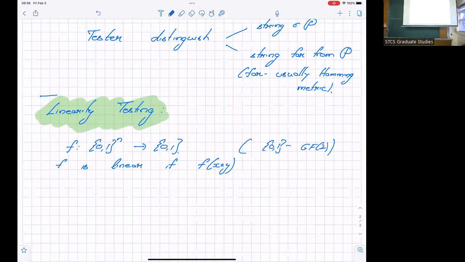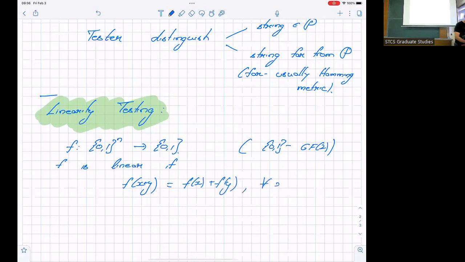But for now, at least for the first 20 minutes or so, let's focus on just the GF2 field. We are given some function f. We'll say f is linear if f of x plus y is equal to f of x plus f of y for all x, y in {0, 1}^n.